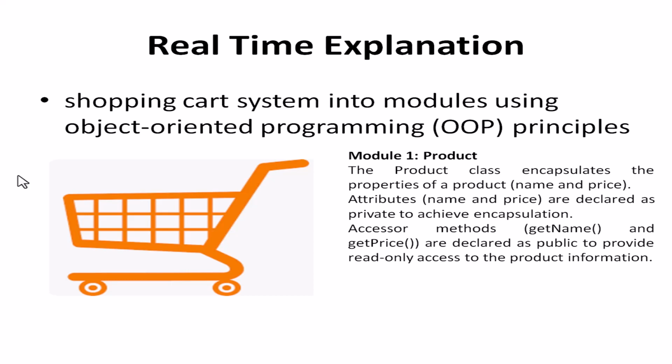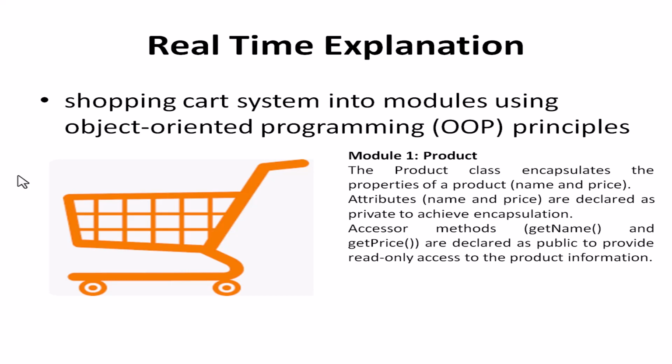The product class encapsulates the properties of a product, for example, name and price. So every product will have a name and price, which is a common feature. The attributes name and price are declared as private to achieve encapsulation.